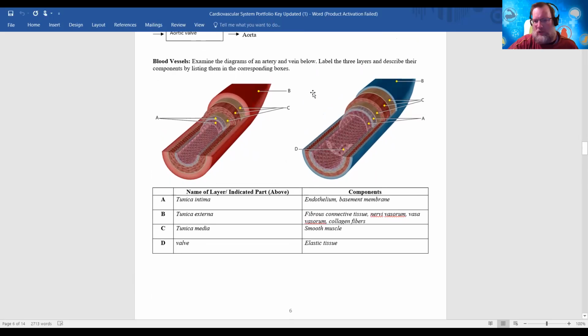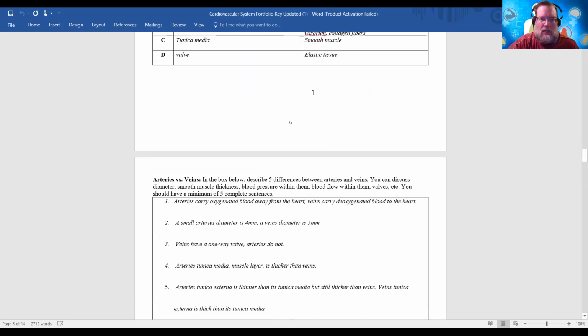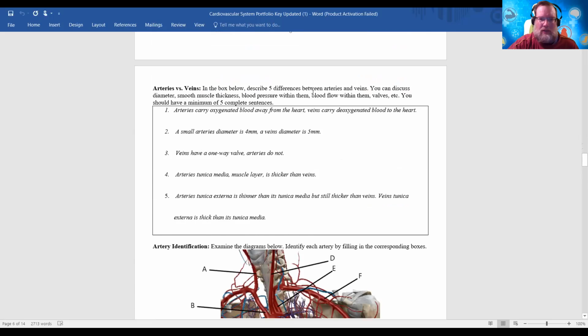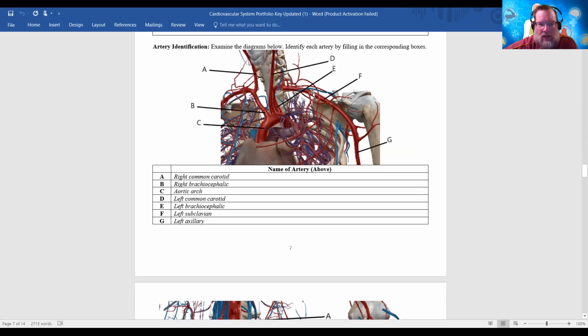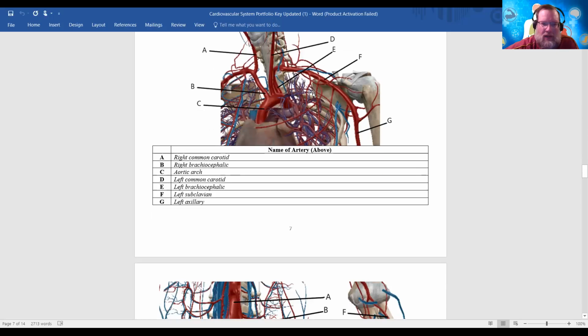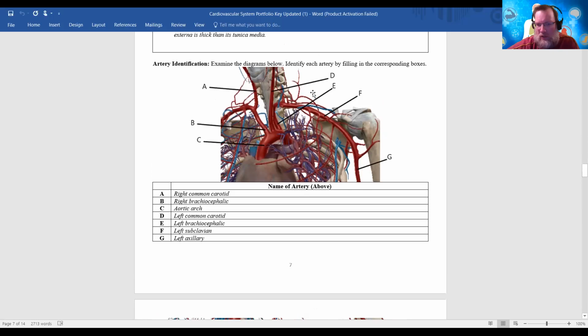Letter D is pointing to a valve. That may be one of the oddballs that may be difficult to see what they're pointing at. And then we've got a couple of artery identifiers. I tried to get the lines pointing as closely to what I'm hoping you can see, and I tried not to put too many arteries or veins that are really oddballs.